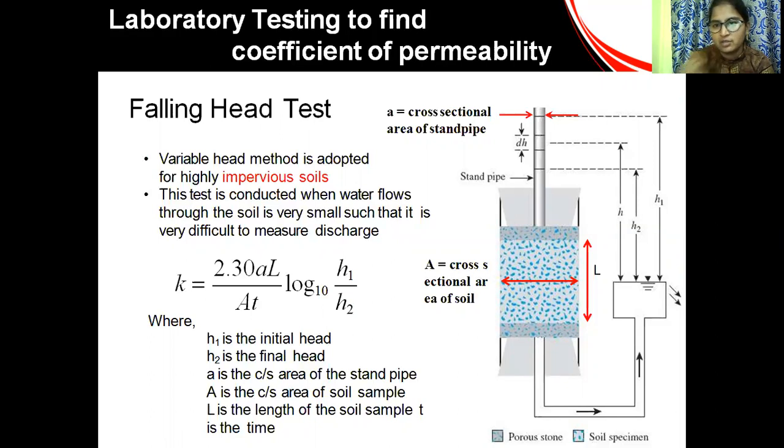So small a is equal to the cross-sectional area of the standpipe. L is equal to the length of the sample, and capital A is equal to the cross-sectional area of the sample, and t is equal to the time required for dropping from H1 to H2. H1 is equal to the initial head, H2 is equal to the final head. So we can determine dh, the difference between these two.